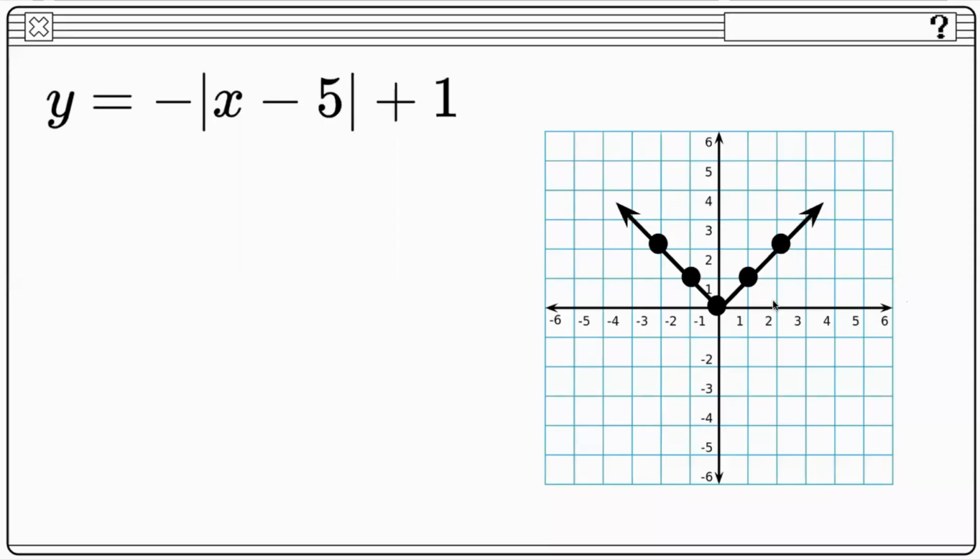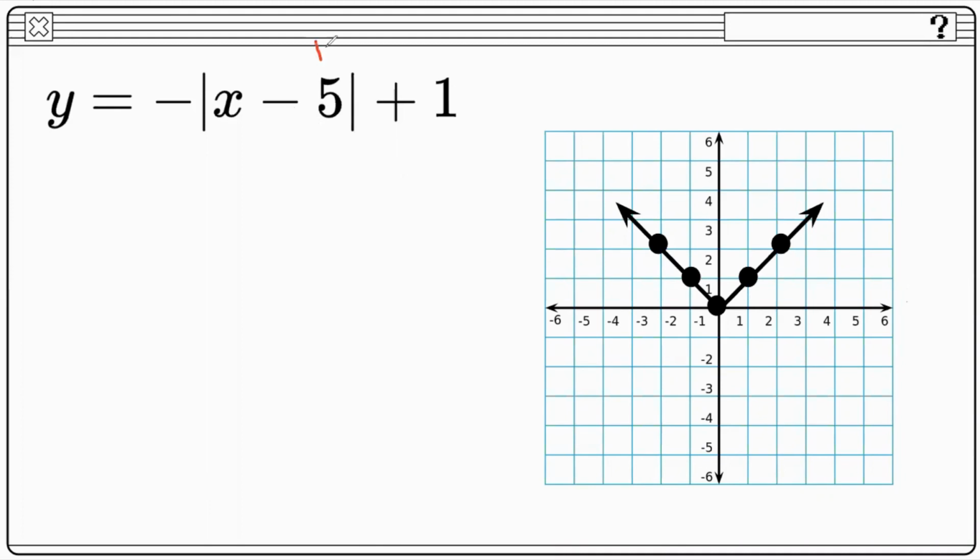Now let's graph the equation y equals negative absolute value of x minus 5, plus 1. Now this one looks a little bit crazy since you do have multiple translations. And whenever you do see that you have more than one translation, a good practice is to first find your vertex just so that you can see where your graph is lying.